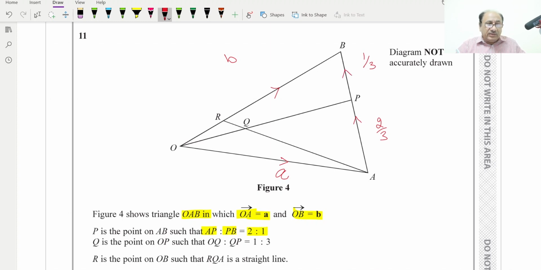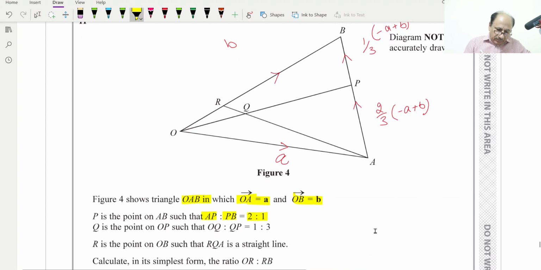Now we can find AB first, and AB will be what? Starting from A to O it will be minus a, and then O to B will be b. So we can write this as minus a plus b, and this will be the 2 by 3 portion, and this will be minus a plus b, and this will be the 1 by 3 portion. So we are incorporating the information given, and on the basis of this information we are writing on the triangle.